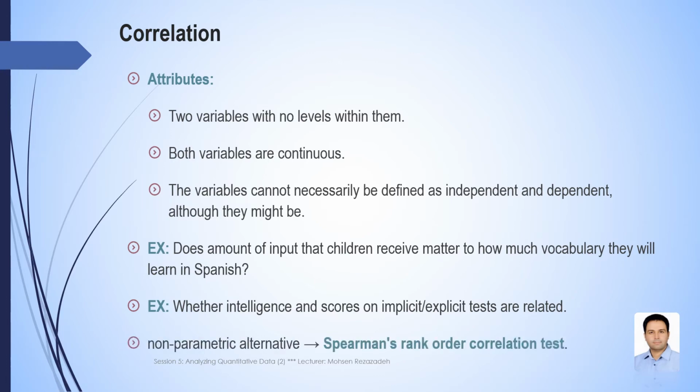Note that the non-parametric alternative for Pearson's correlation test is Spearman's rank order correlation test. Whenever the data is not normal, for example, we can use the non-parametric equivalent of Pearson correlation, which is Spearman's rank order correlation test.